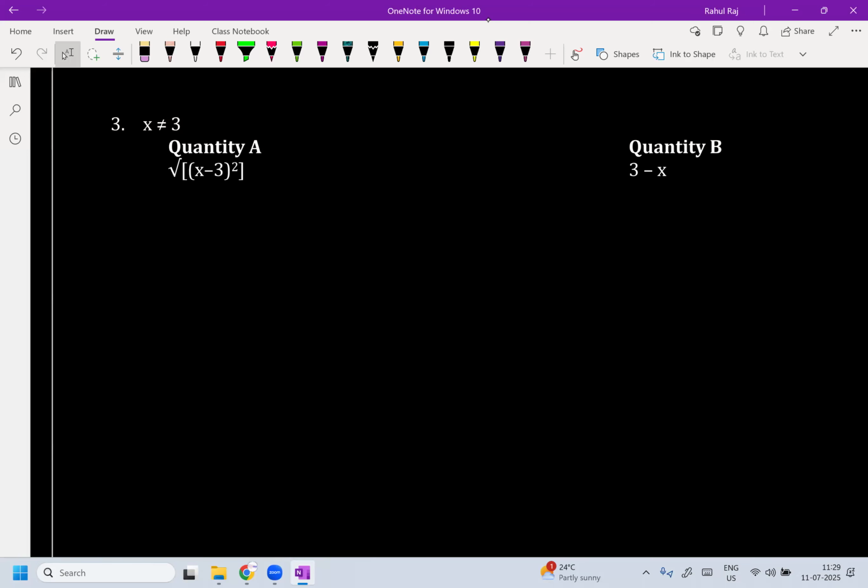No. It says x is not equal to 3. Quantity A is mod of x minus 3, and quantity B is 3 minus x. The question says x is not equal to 3.